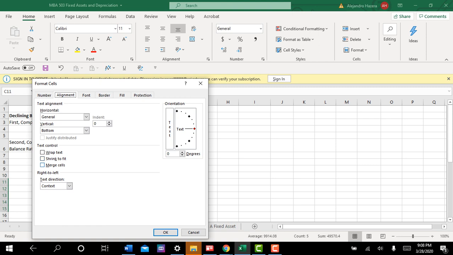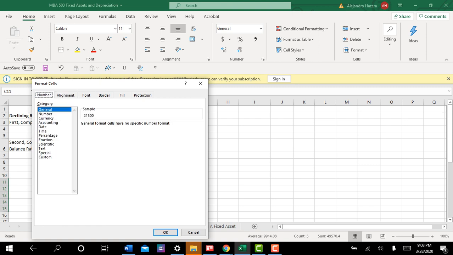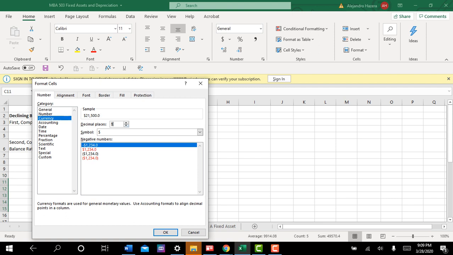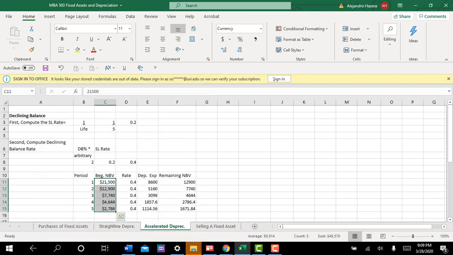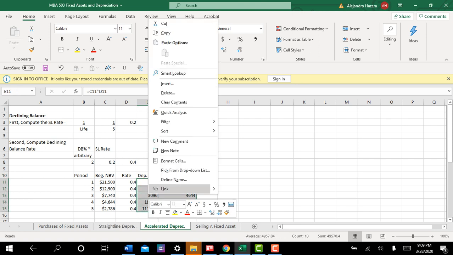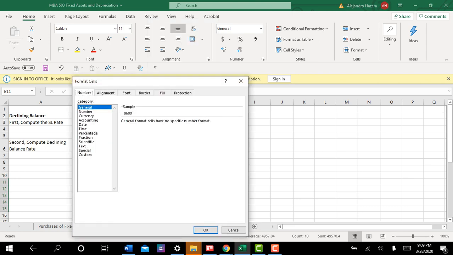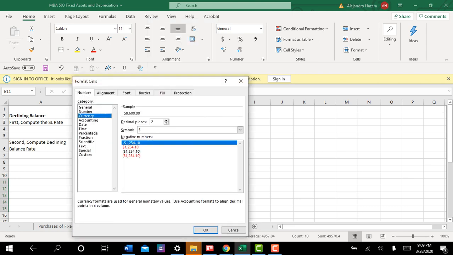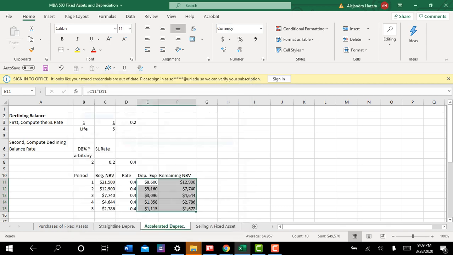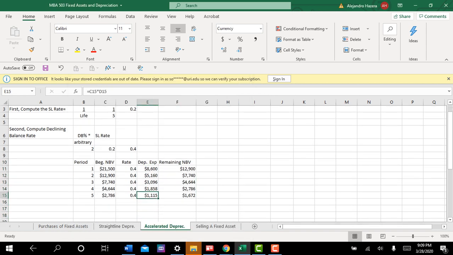So we'll put all the dollars in dollars. We'll format these as dollars here. Okay, so that's our table. And, you know, you have 5 periods there.